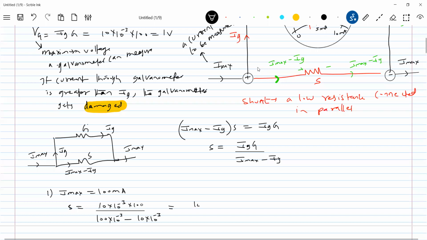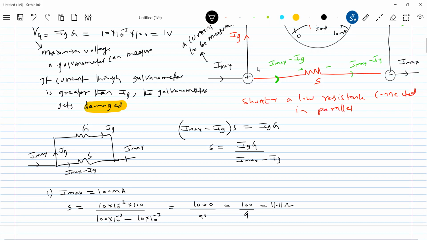So this is 1000 divided by 90, which will be 100 by 9, about 11.11 ohm. This will be the value of the resistance which I should connect here.